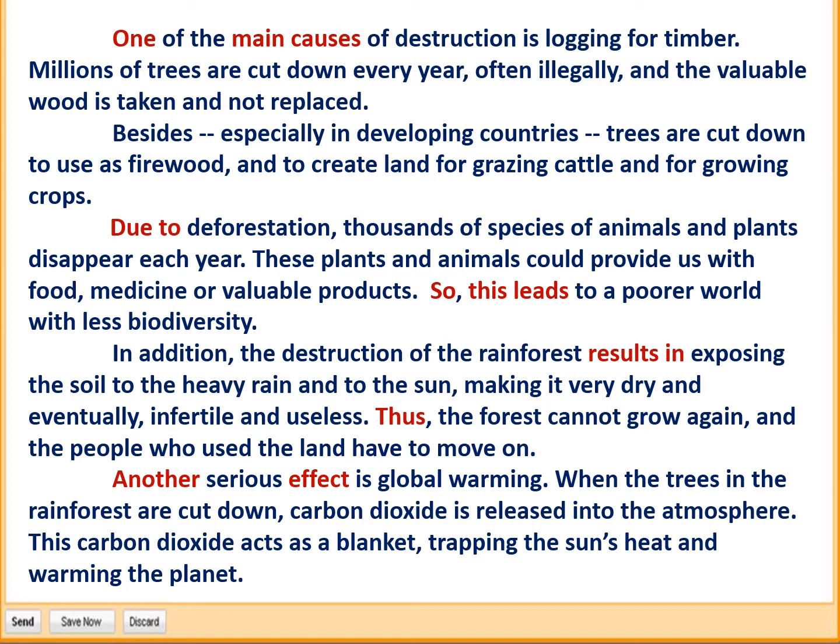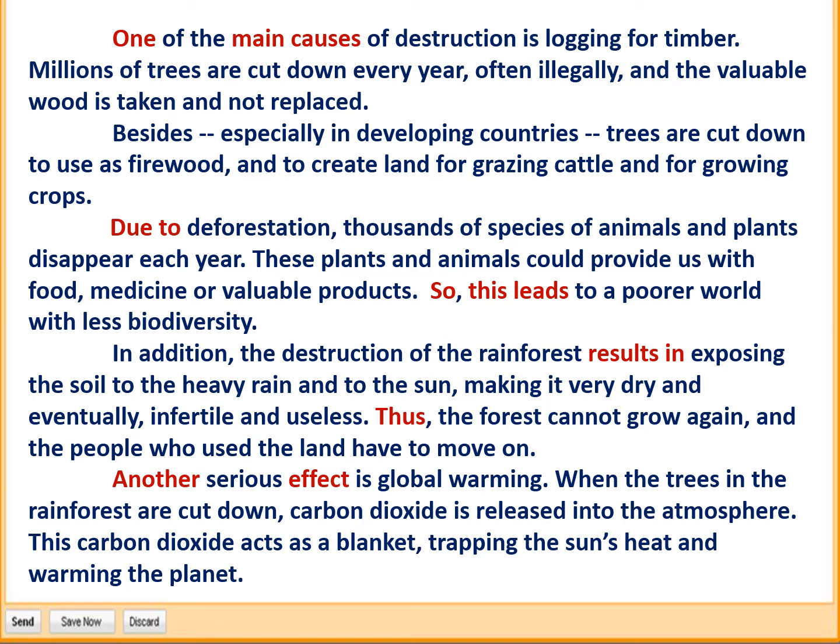Besides, especially in developing countries, trees are cut down to use as firewood and to create land for grazing cattle and for growing crops. Due to deforestation, thousands of species of animals and plants disappear each year. These plants and animals could provide us with food, medicine, or valuable products. So this leads to a poorer world with less biodiversity.